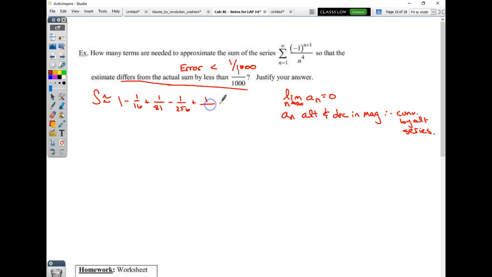Plus 1 over 5 to the 4th, 625. Minus. All right, smarties. Yeah, and this is where you use your calculator.